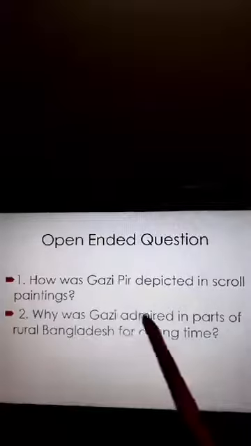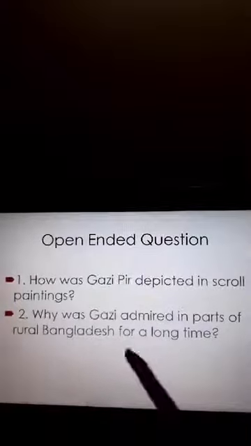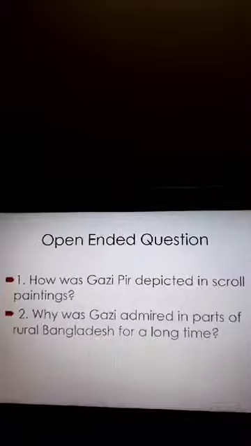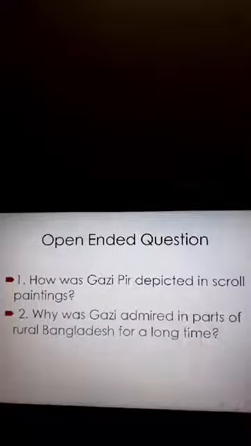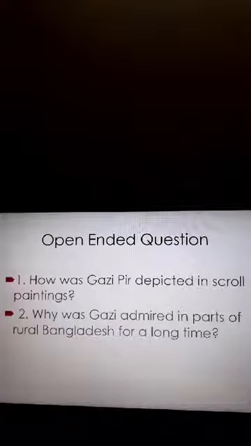Why was Gazi admired in parts of rural Bengal for a long time? We'll take the subject, then verb, then other parts. That is the extension of the sentence. Gazi was admired in parts of rural Bengal for a long time because he was a role model, a saint or a peer who used to spread Islam in that area.